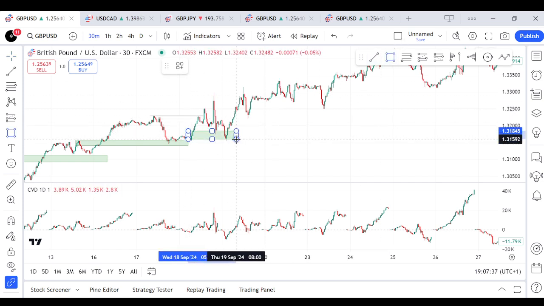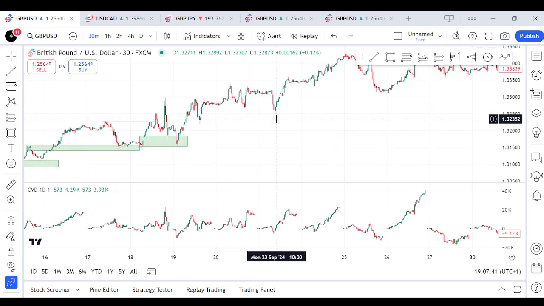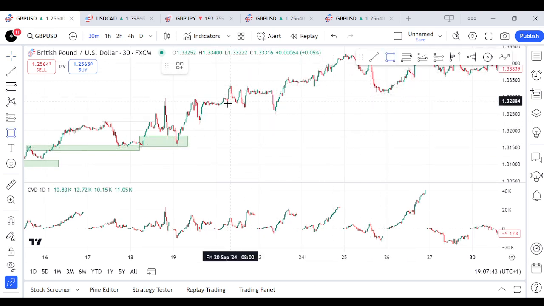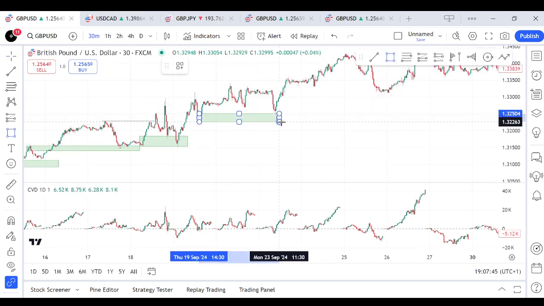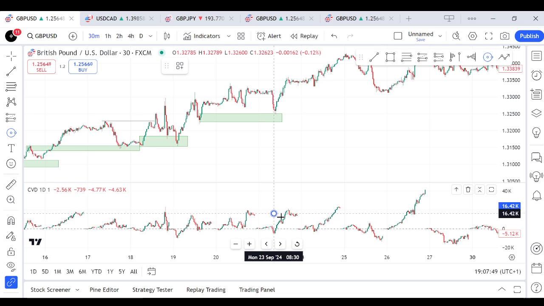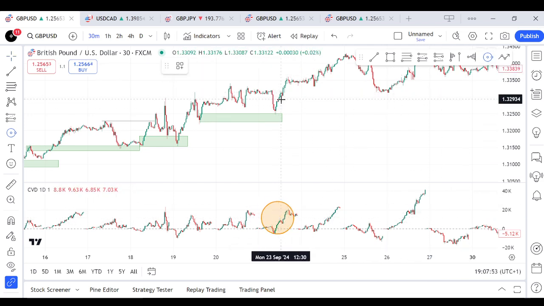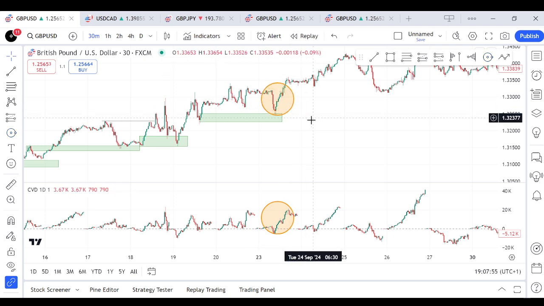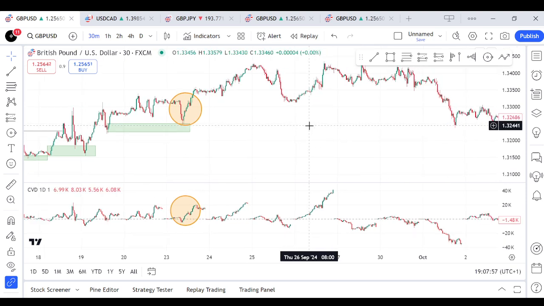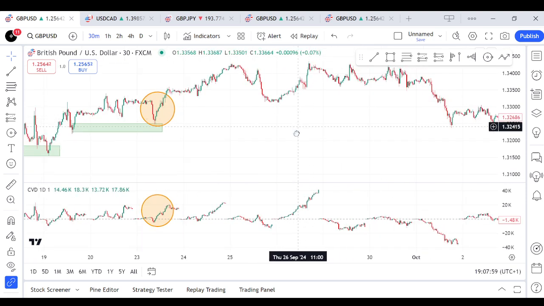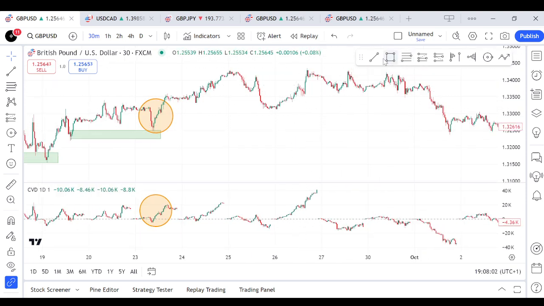Just following price action, you can see price coming back to support levels to trade, and you can see the CVD confirming it right here with this positive shoot, and the same thing here with price. So showing that there's enough buying pressure, and we should be looking to take trades.